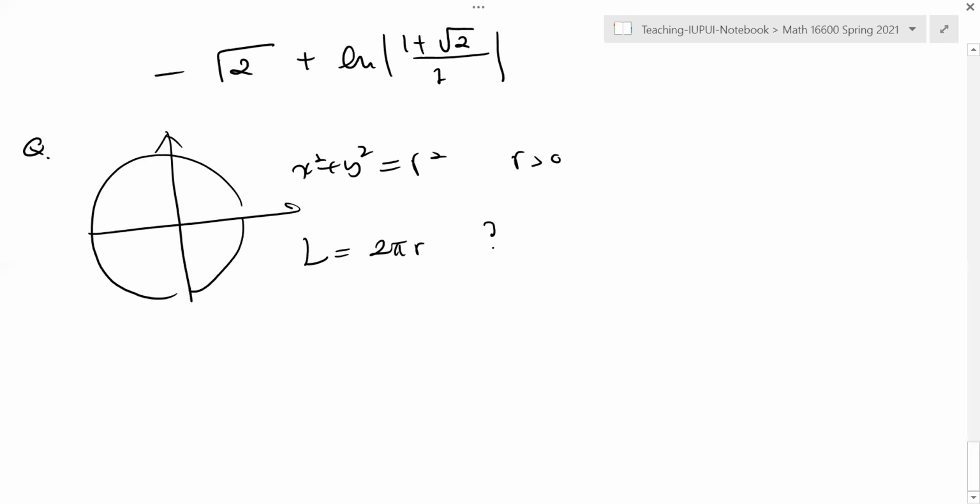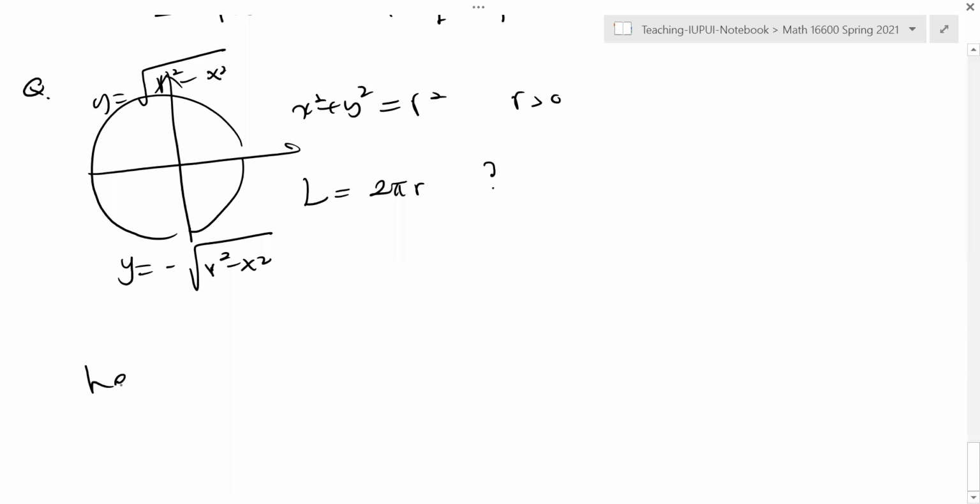All right, but this circle is symmetric in all directions, so the circle can be described as the graph of curves, right? The one at the bottom is negative square root of r squared minus x squared, and the one on the top is square root of r squared minus x squared.